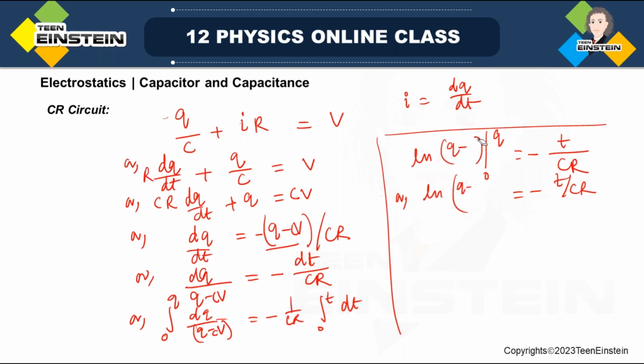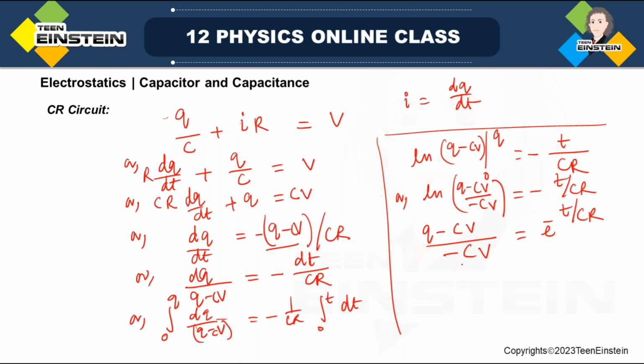I'll rewrite: this is CV, and here also CV divided by minus CV. Now I'm taking the anti-log on both sides, with the base of e.